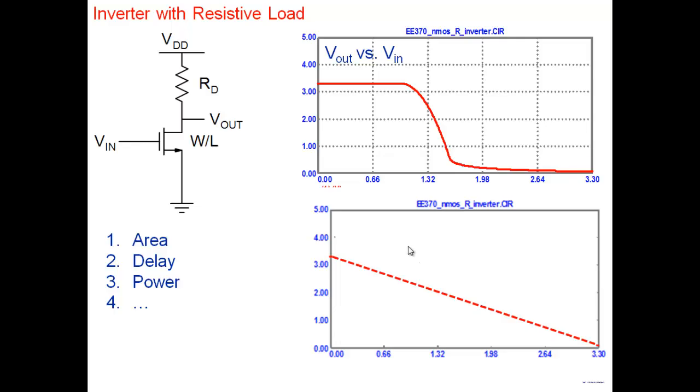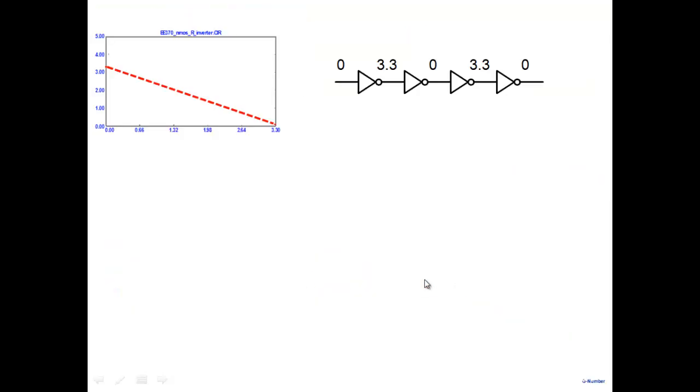Let's look at this one here. Note that what we are plotting is V out versus V in, output voltage versus V in. If you look at this one, the question that I want to ask is: is this a good inverter? Let's look at it in detail. So let's go back here.